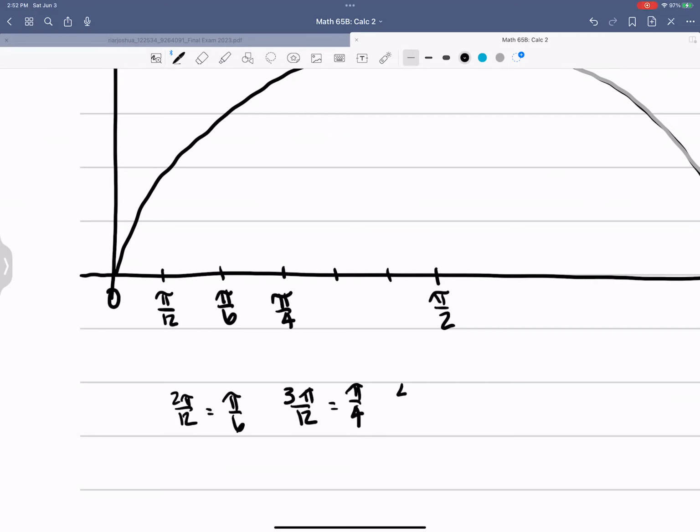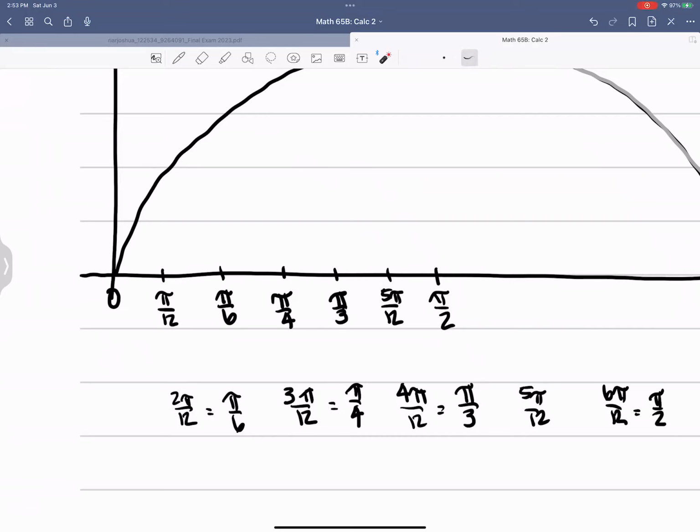Next one is 4 pi 12ths, which is pi over 3. For 5 pi 12ths, it doesn't reduce. And just to test our skills, the next one is 6 pi 12ths, which is just pi over 2. Oh my goodness, we got it correct. All right, perfect.